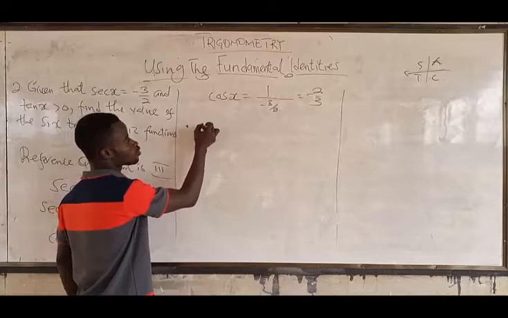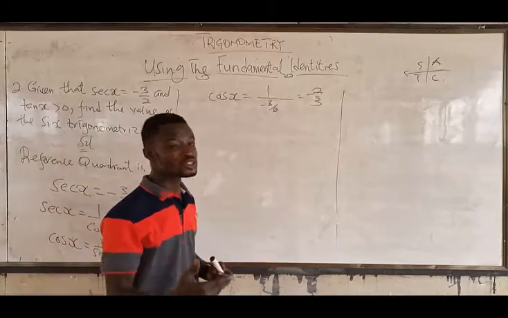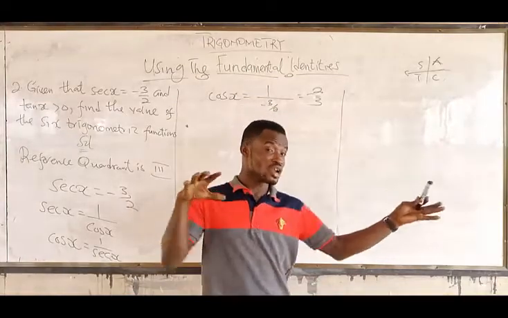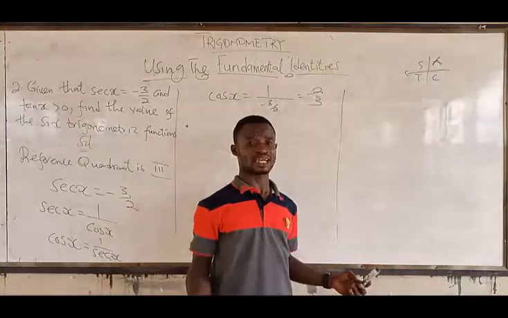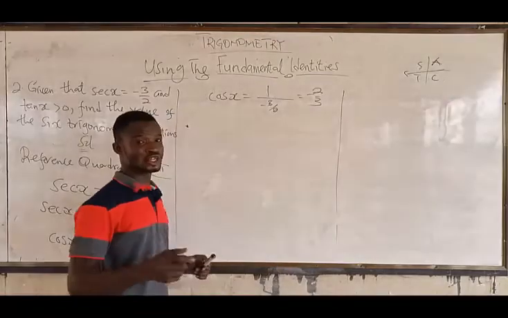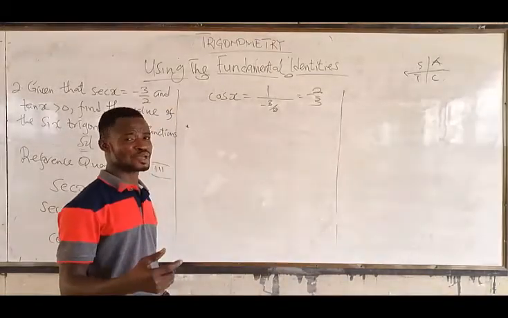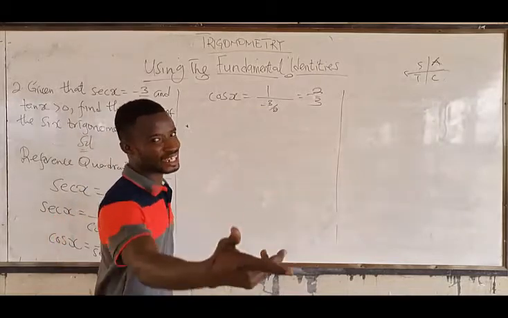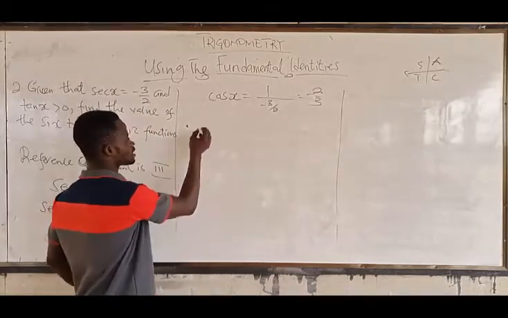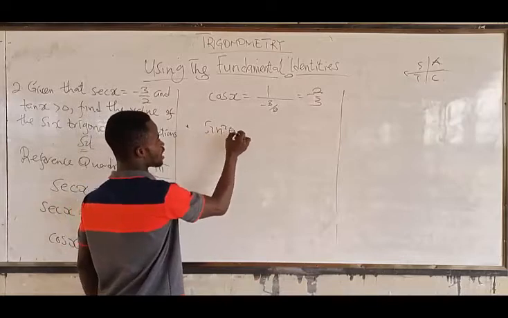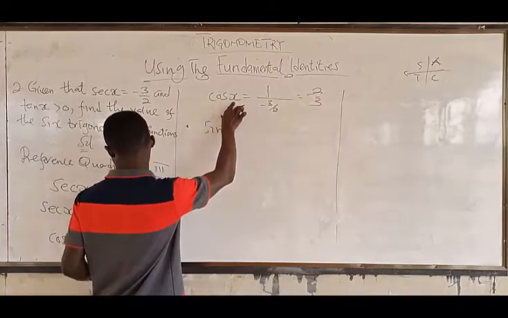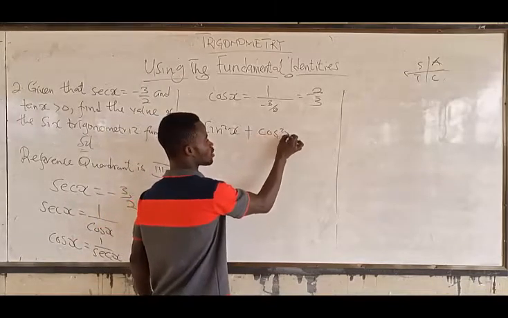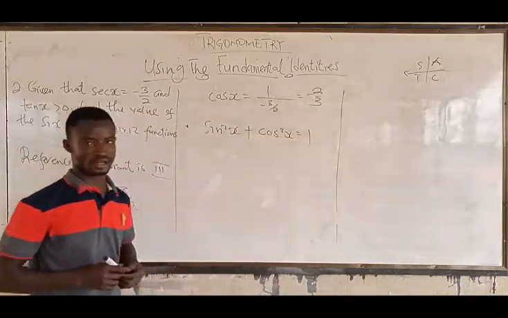So for sine, from what you know, which fundamental identity, when you link up, is going to help you to get sine? That is going to be the Pythagorean identity, the first one. Here we are using x for the angle: sin squared x plus cos squared x is equal to 1.